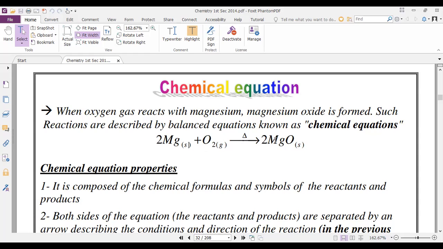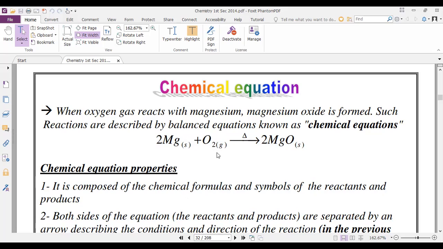So in this chemical reaction, 2 moles of magnesium atoms react with 1 mole of oxygen molecules to produce 2 moles of magnesium oxide. Okay? Any problem till now? Okay. So what about this number below the letter, as in O2?